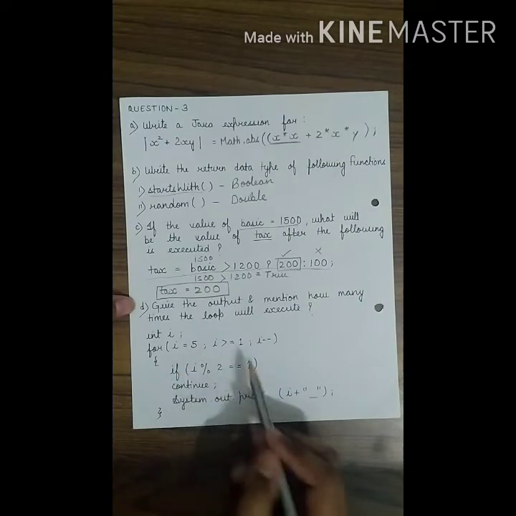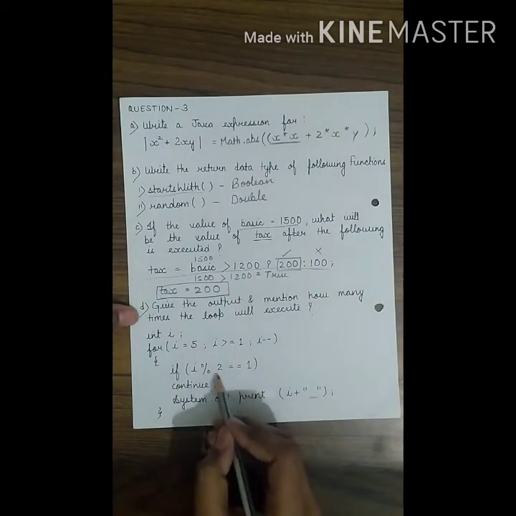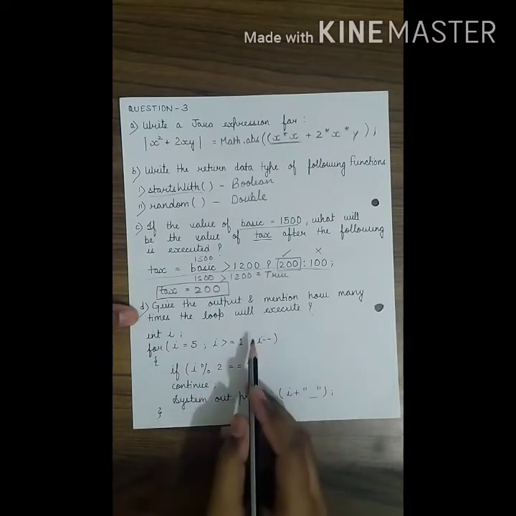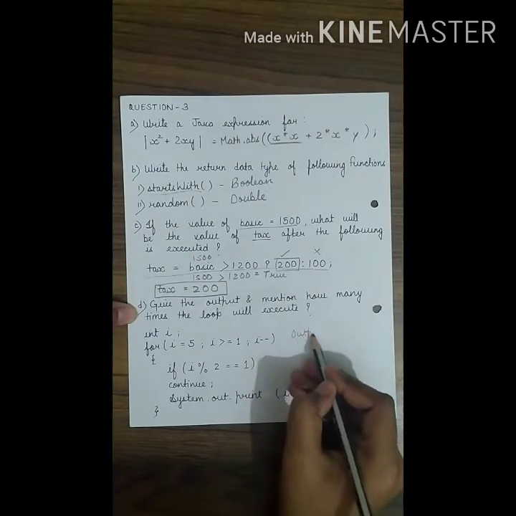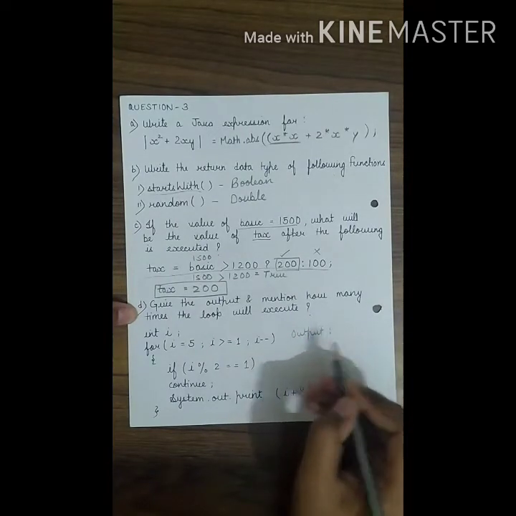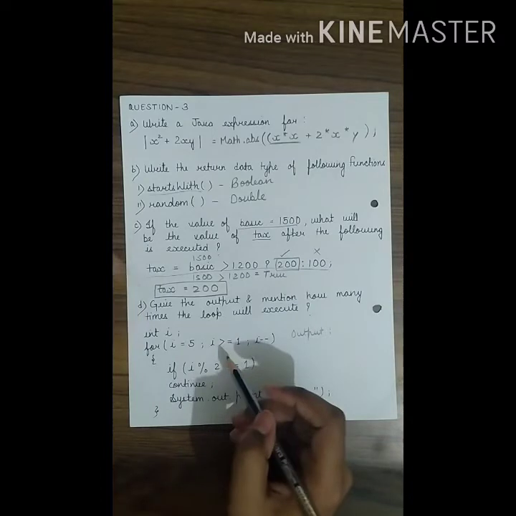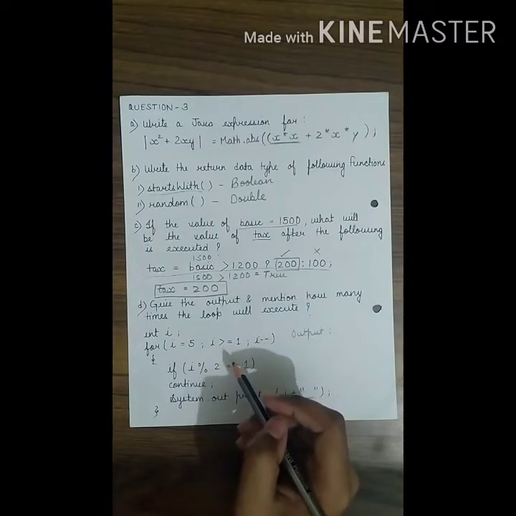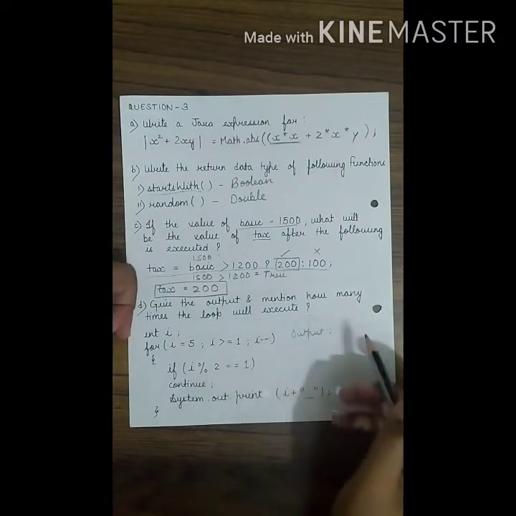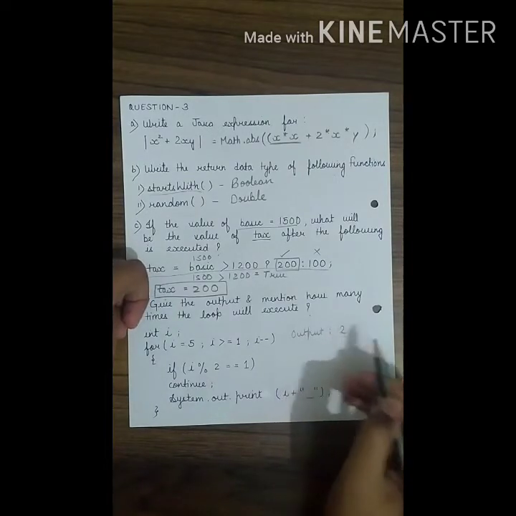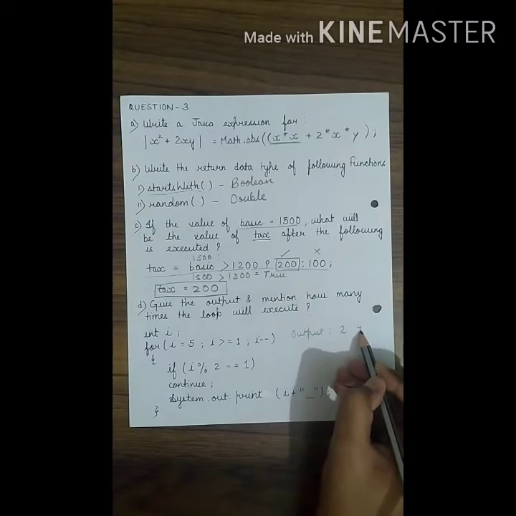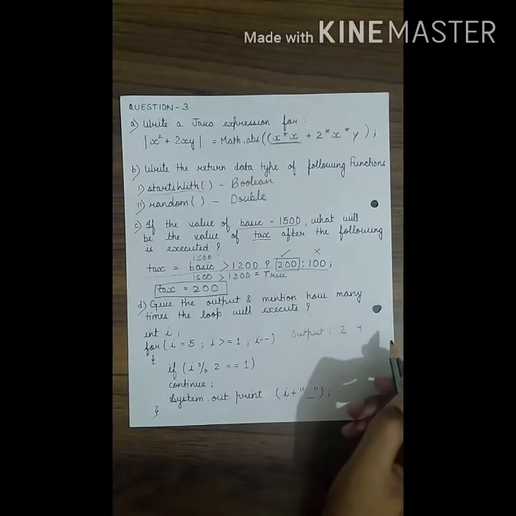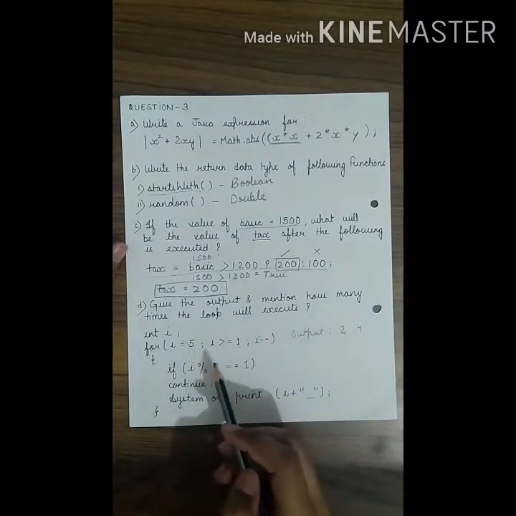In this loop, if the value is odd, it will not be printed, so the output will be the values between 1 to 5 that are not odd. 1 is odd, 2 is even, so 2 will be the output, and 3 is odd, then 4 is even, so 4 will be the output, and 5 is also odd, and then the loop will terminate.